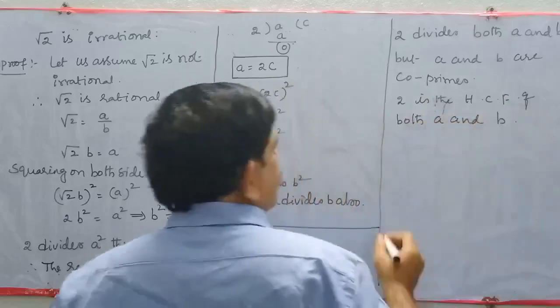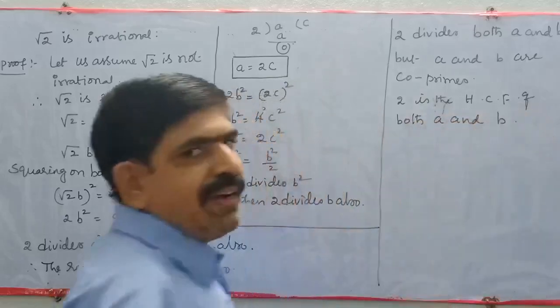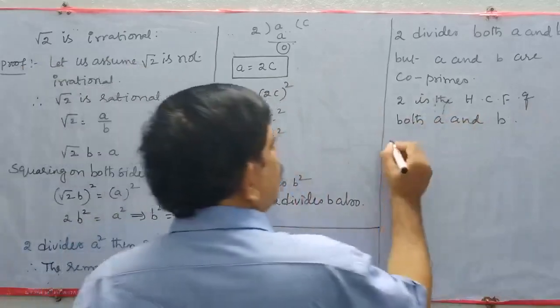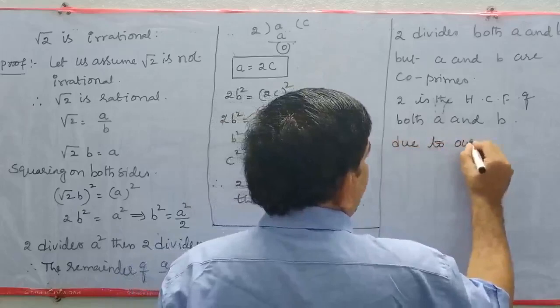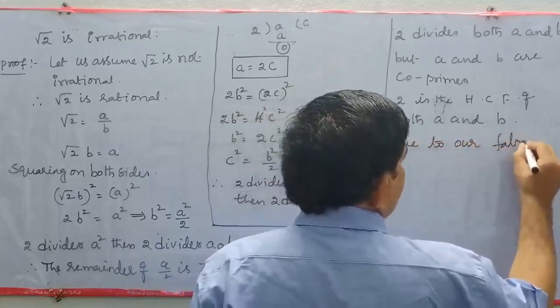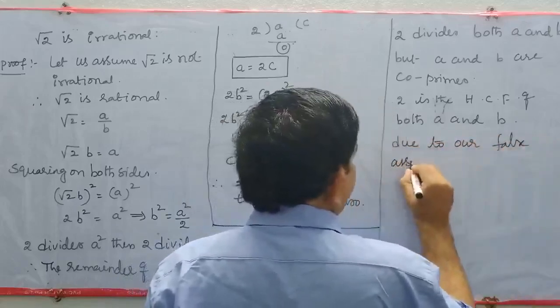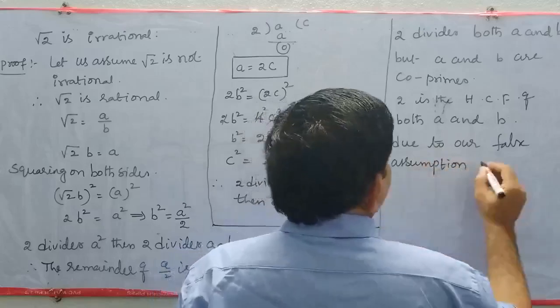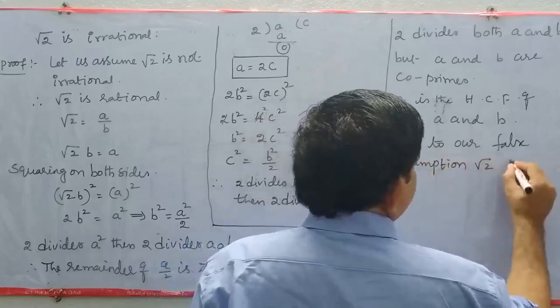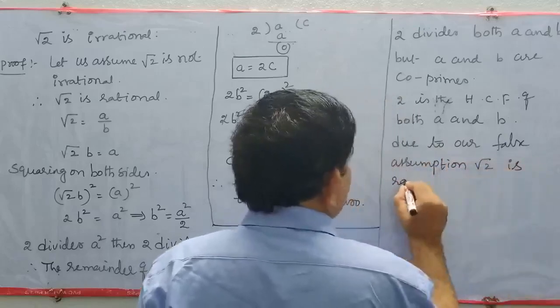So this arises due to our false assumption. So due to our false assumption, root 2 is rational.